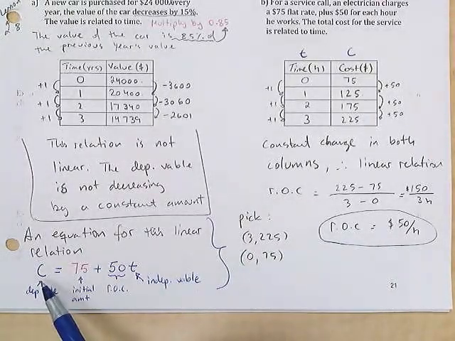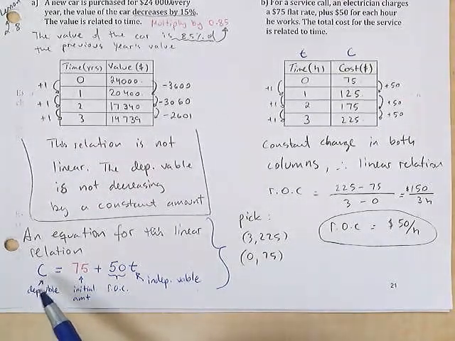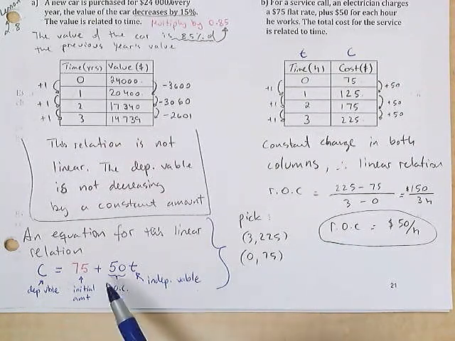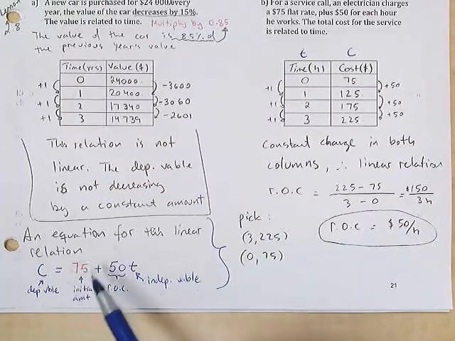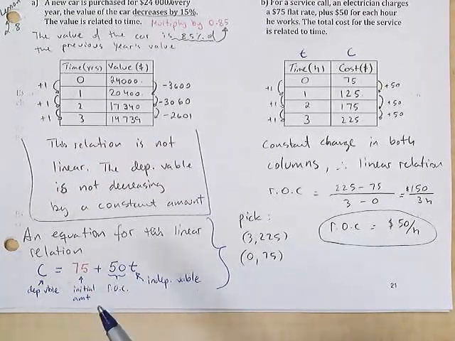Your dependent variable is on the left. It's like your y, whatever. And your independent is on the right. And then the rate of change is attached to your independent variable. And the initial amount is just your constant. It could be behind it, it could be in front of it, it doesn't matter.